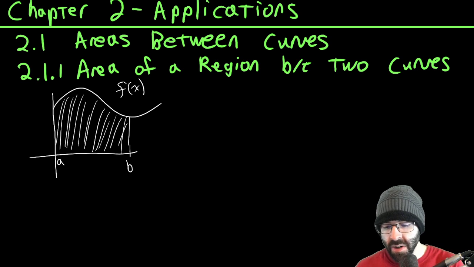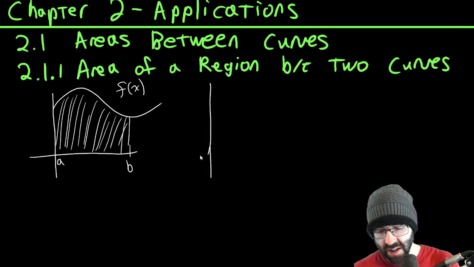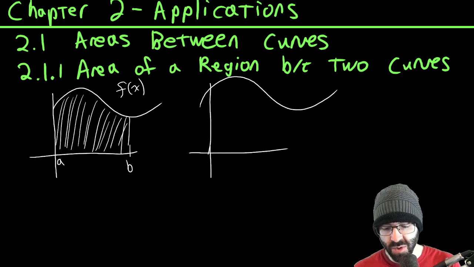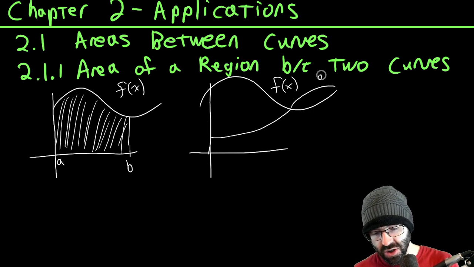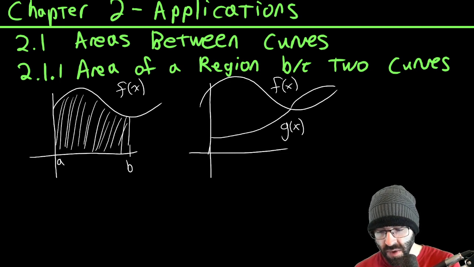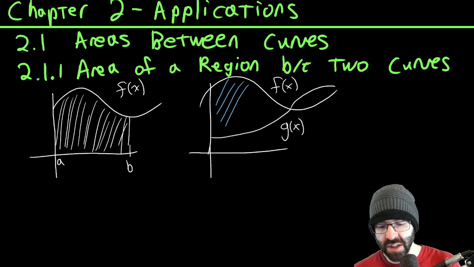What we're going to do in this next section is something very similar, but now what if there's not just one curve? What if there are 2 curves? What if we have a function f of x and a function g of x? Well, what if we're looking at this blue region?